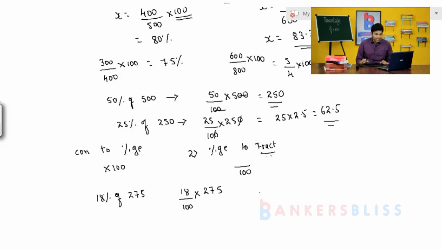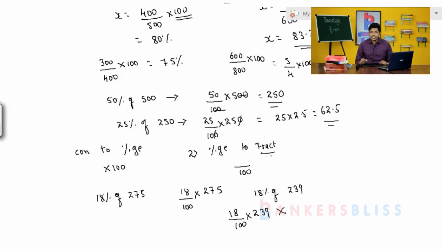If you get a number like 18% of 239, then 18 by 100 into 239, this traditional method is not feasible in your exam. It takes too much time.